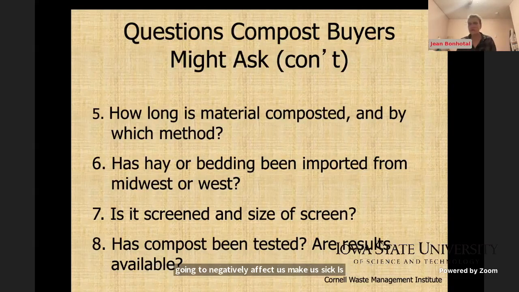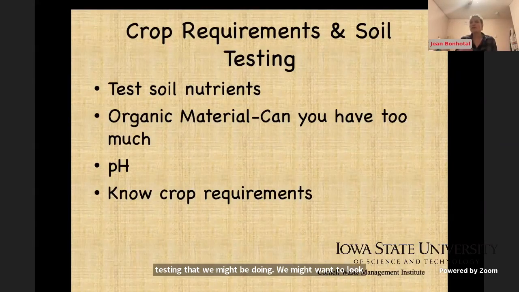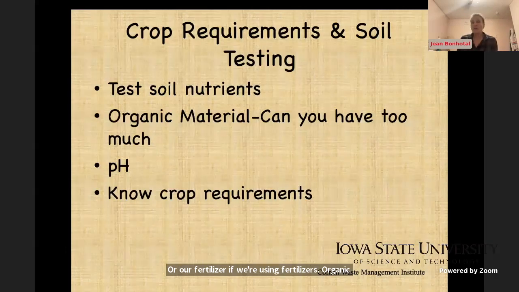Is it screened or not screened? Has compost been tested? Are results available? So with the testing that we might be doing, we might want to look at testing soil nutrients to see what we actually need from our organic matter or our compost or our fertilizer, if we're using fertilizers. Organic material can have too much, like manure, like just putting dairy manure down.